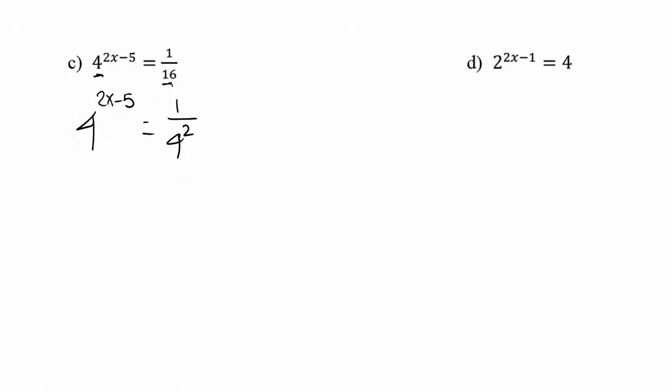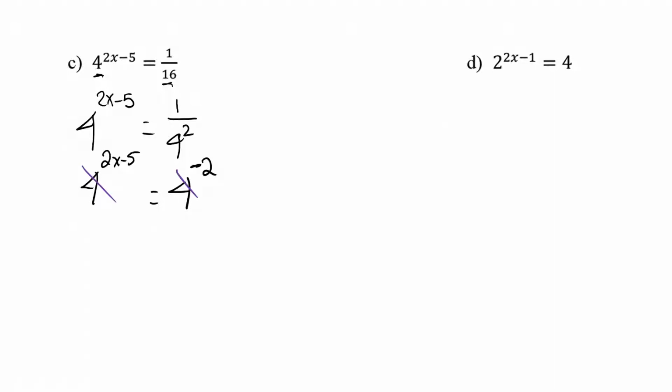I'm going to use the negative exponent rule to drag this 4 squared out of the denominator. And that looks like 4 to the -2. Because I have taken out this 4 squared from the denominator, and how I do that is I use this negative exponent notation. Now I have same base.